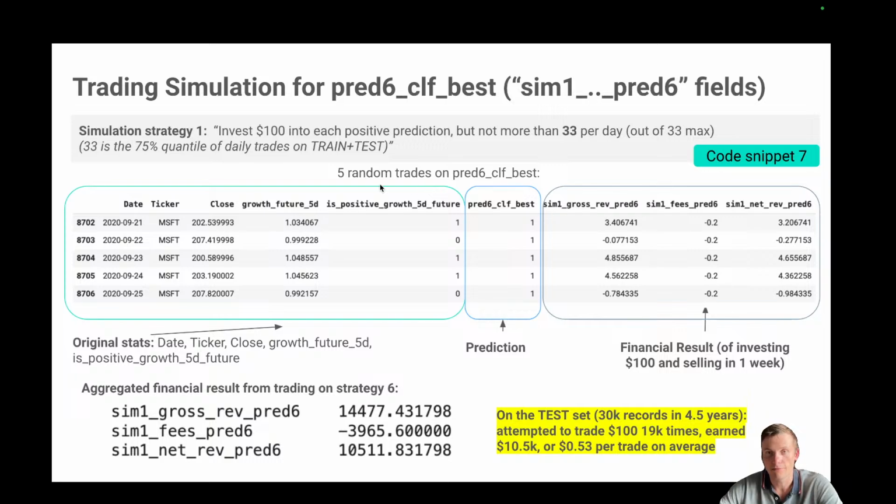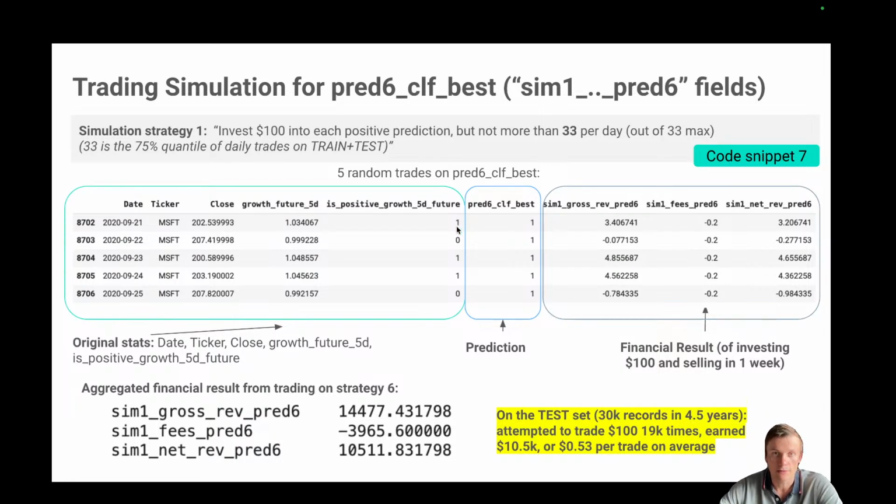And here are 5 random rows from prediction number 6 classifier. So it's the best decision tree. There was some date, ticker Microsoft, close price, and this is a predicted growth future 5 days. This is a positive growth future.